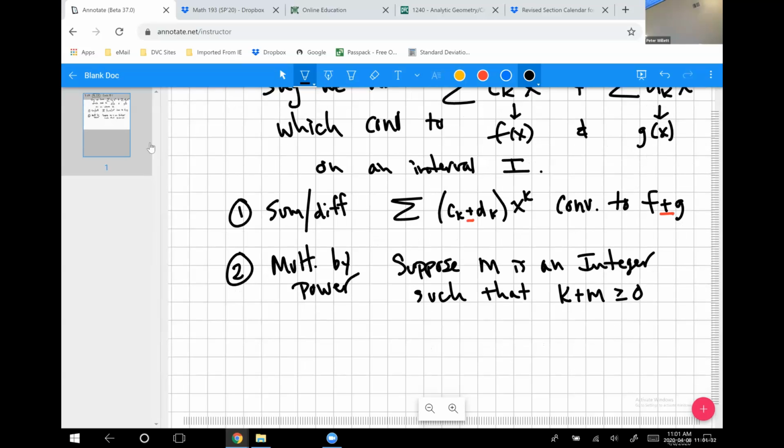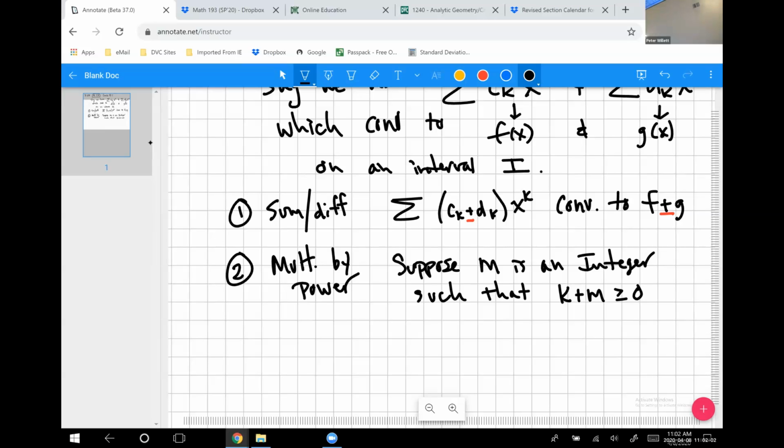Now, if k started at 0, then m would have to be positive, but you could have a power series where k starts at 5 or something like that, and then m could even be negative 4. So they're leaving open all of these little possibilities. But the basic idea is that when you add k and m together, you have to have non-negative powers. You can't have anything below 0 because then you don't have a power series anymore.